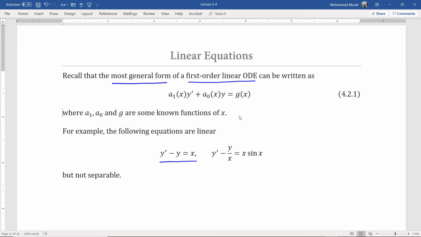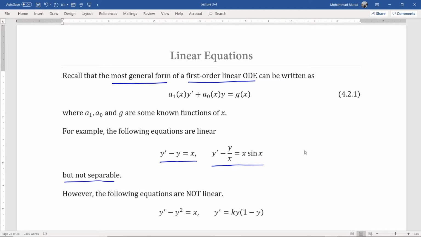Similarly, in the second equation, a sub 1 of x is 1, a sub 0 of x is negative 1 over x, the coefficient of y, and g of x is x times sine of x. Observe that these equations are linear, but not separable.